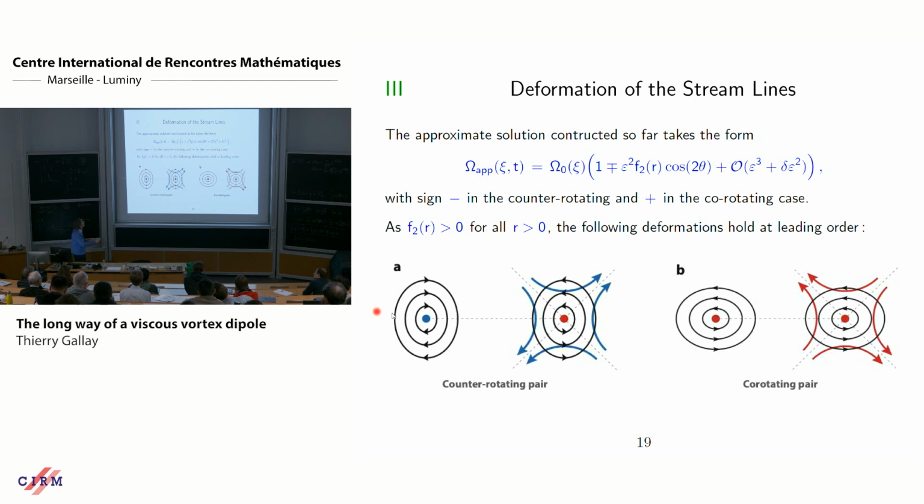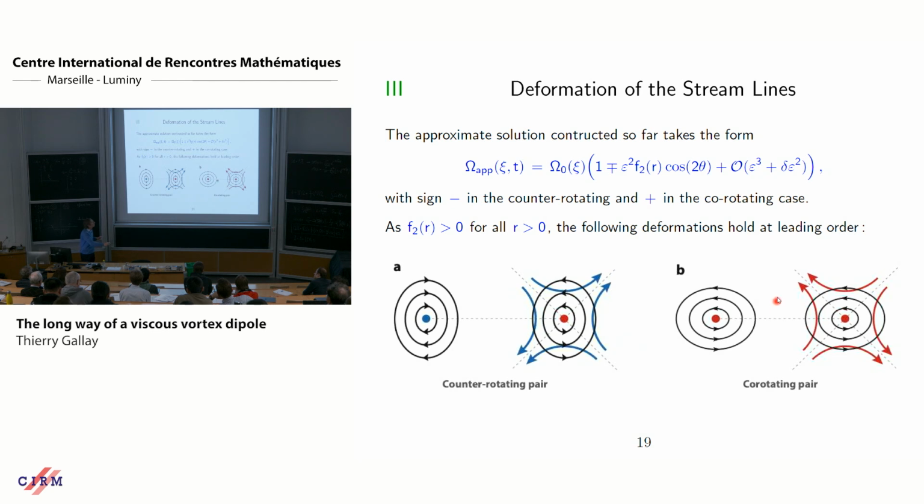If you have the vortex dipole with, say, a positive and a negative vorticity here, they get deformed in the way indicated in this picture. The streamlines are no longer circles, they become ellipses, and the major axis of the ellipses is in the direction of the propagation. So this is well known by physicists, and this is observed in numerical simulation.